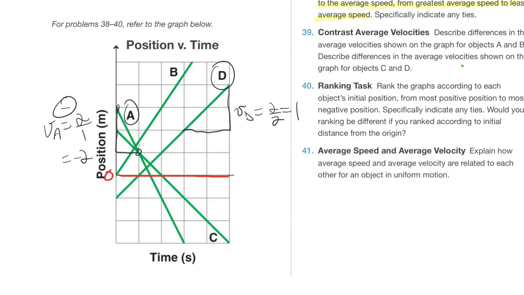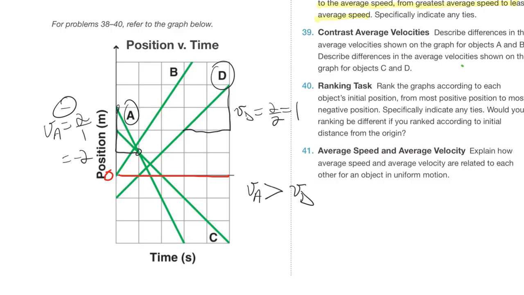Now, you're not going to say 1 is bigger than negative 2, because the negative just designates the direction. So the velocity of A is greater than the velocity of D. So you do absolute values when you're comparing the magnitudes of these velocities.